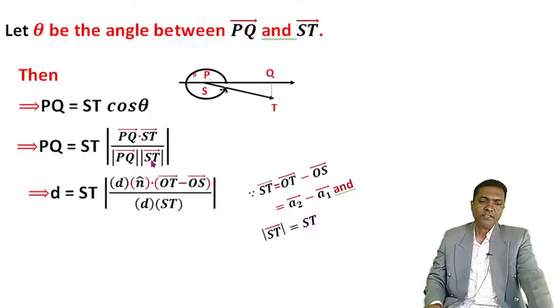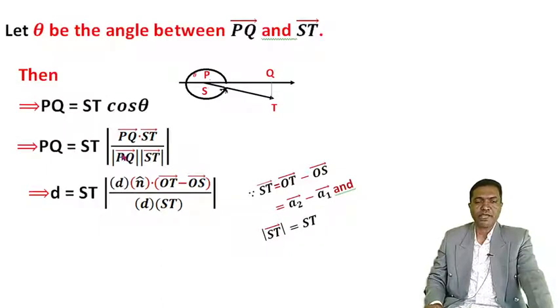Now what is PQ? I have given there PQ is nothing but D into n cap, and vector ST can be expressed in terms of position vectors. This form also I had given you in terms of position vectors. So substitute here.